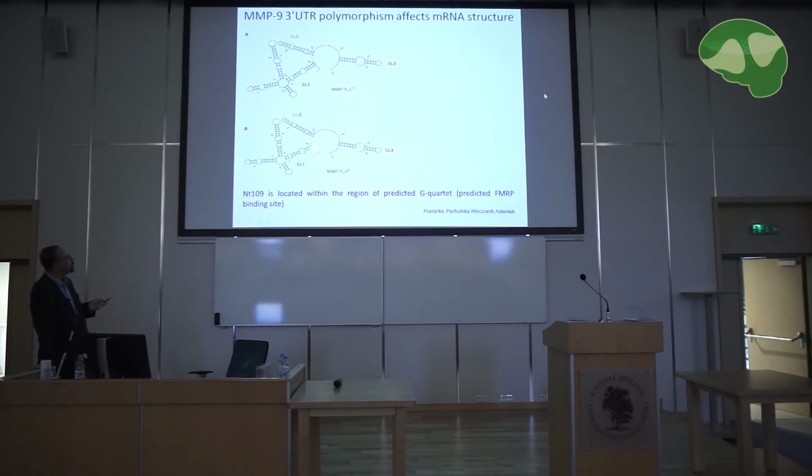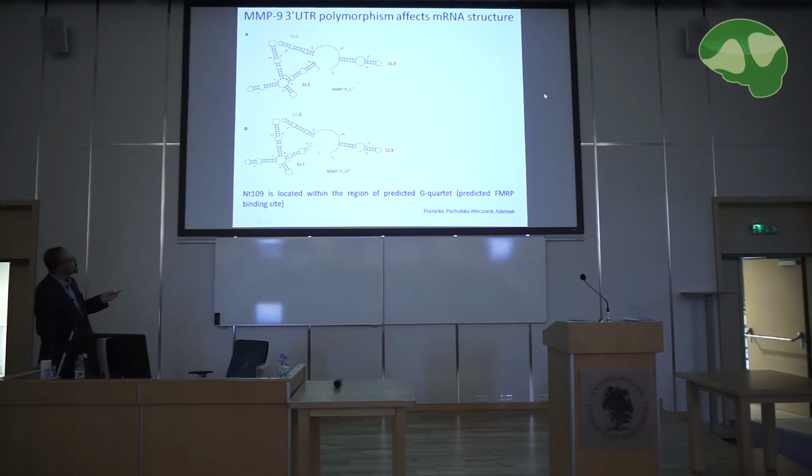And the polymorphism is located here, 3' UTR nucleotide number 3, and by itself does not seem to affect anything important. But when looking at the secondary structure of RNA, it modifies also its partner here, this 109, 110, whatever, 109 nucleotides that binds to this module, depends on the polymorphism.